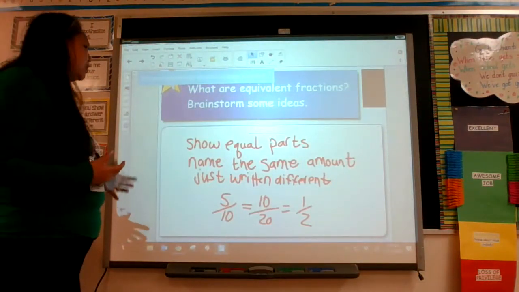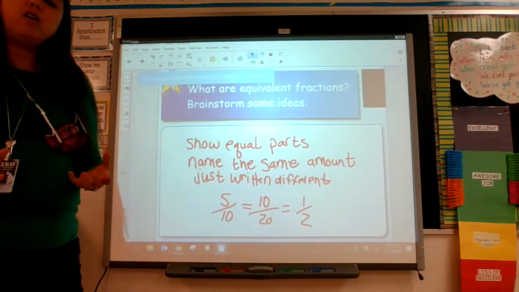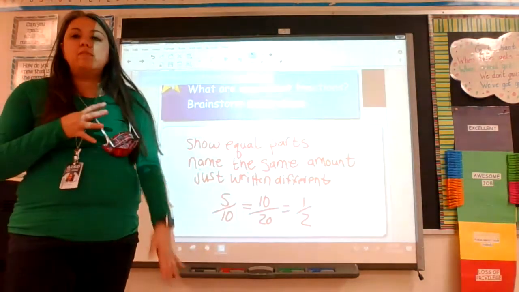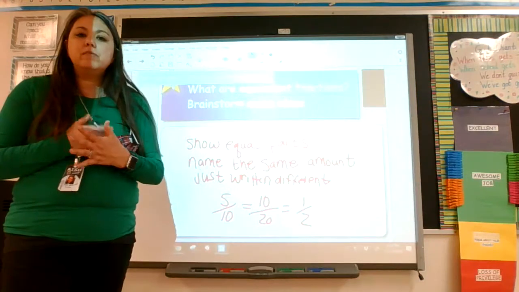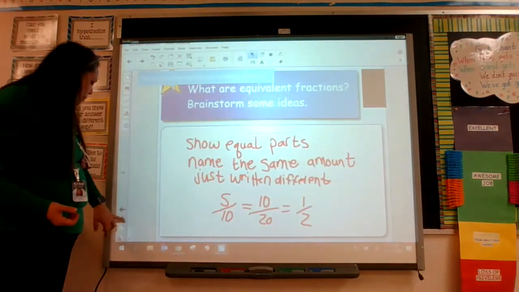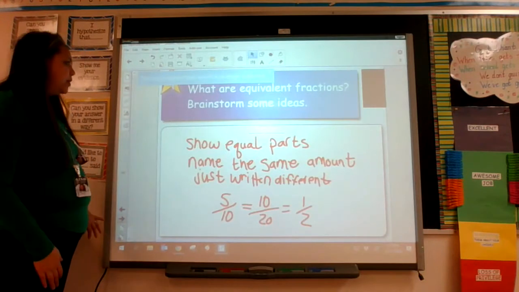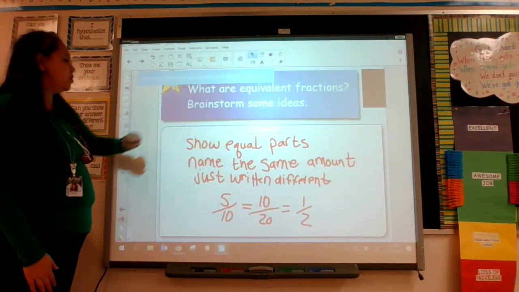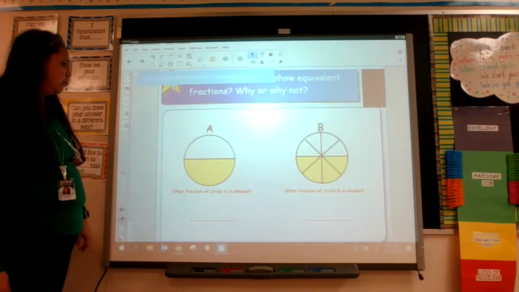Those are just a few, and I would love to see all of your ideas. Text them, post them to me, put them on Canvas, on your paper, anything extra that you came up with about what equivalent fractions are.